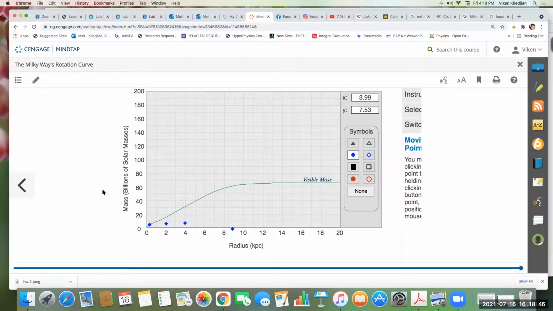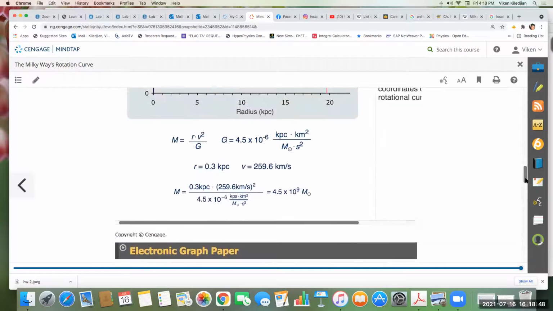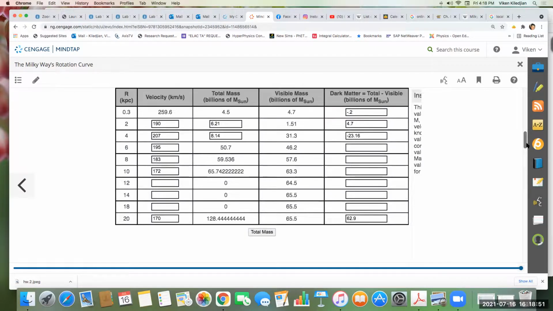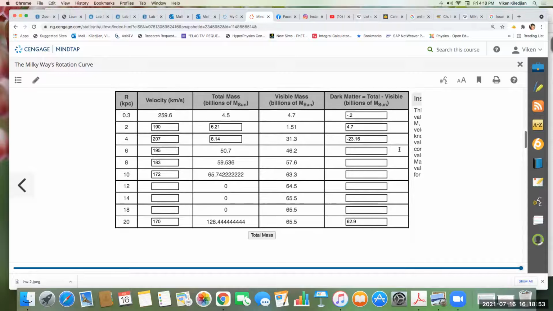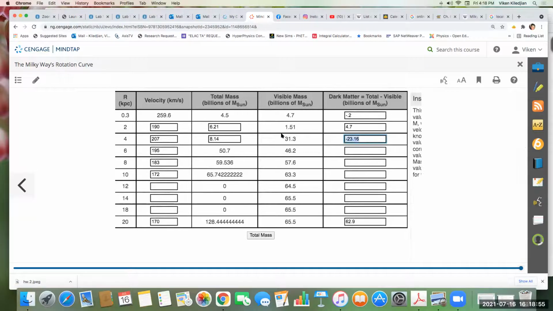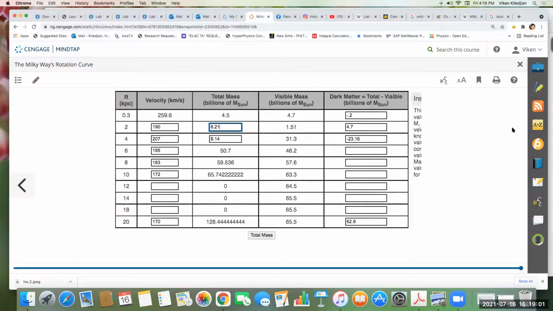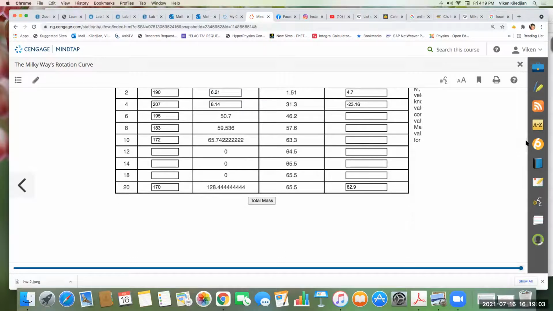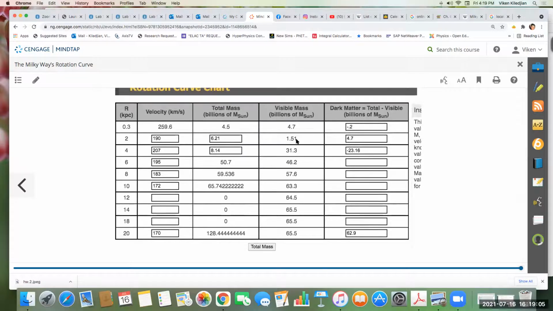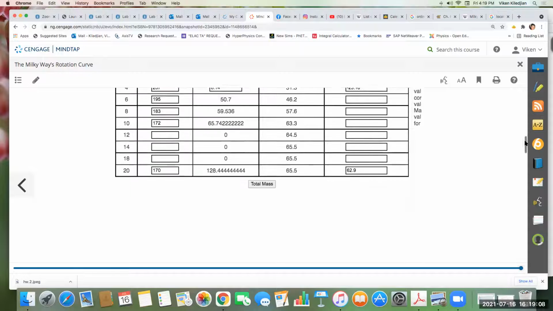Wait, does that make sense? Hold on. 8.14. Oh yeah, it is a big negative. 6.21. Visible matter is 1.51. Visible matter at 2, the visible matter is 1.51.